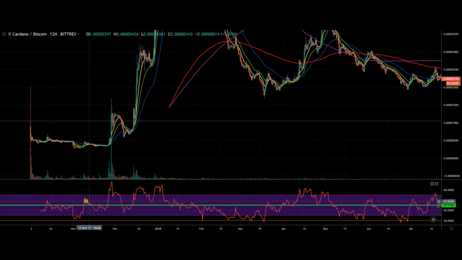But what it did was it had a failed move on the RSI, and notice that the RSI remained strong. Price dropped back probably half of that, maybe almost all of that. Not quite all of it, but it gave back about 70% of it roughly.